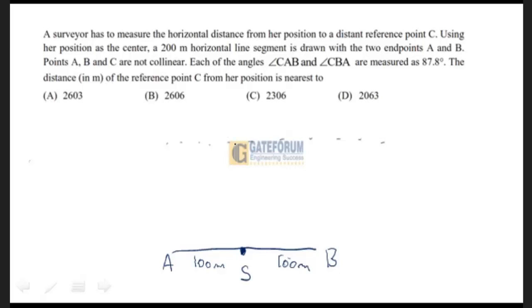For an angle from a point, the subtended angles to A and B being equal clearly indicates that this point C should be the other vertex of an isosceles triangle ACB, where AC and BC must be equal, and both of these angles are 87.8 degrees.